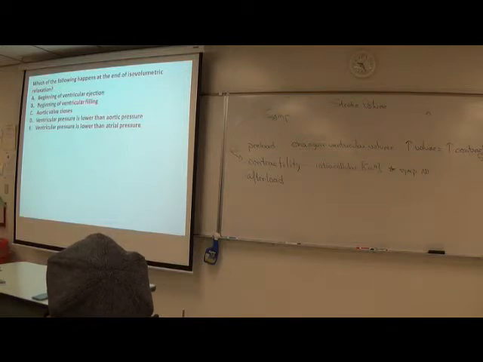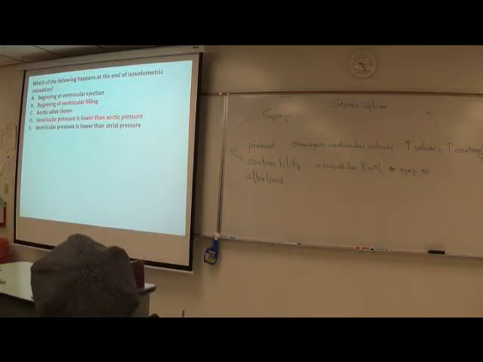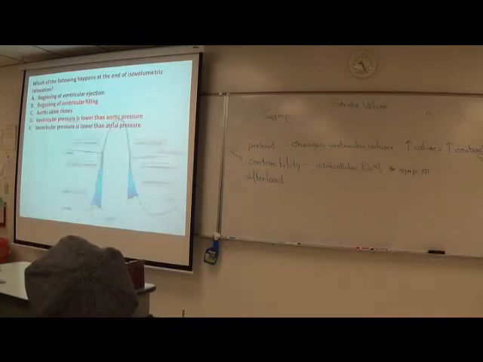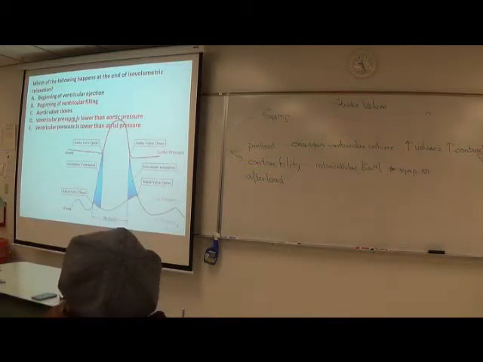So beginning of ventricular filling, the aortic valve is already closed. Ventricular pressure is now lower than aortic pressure. It's falling the entire time. Okay? And then at the end of isovolumetric relaxation, it's also going to be lower than atrial pressure.